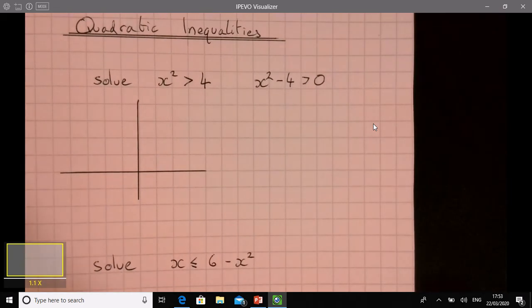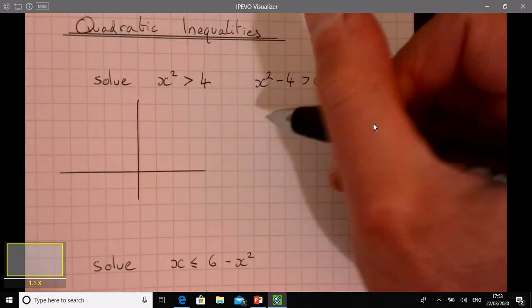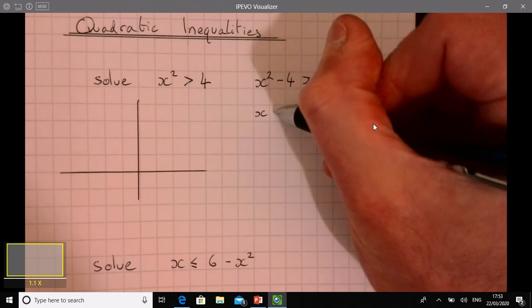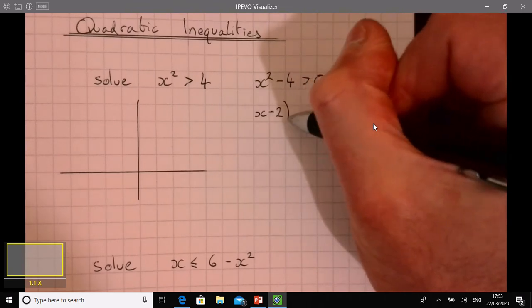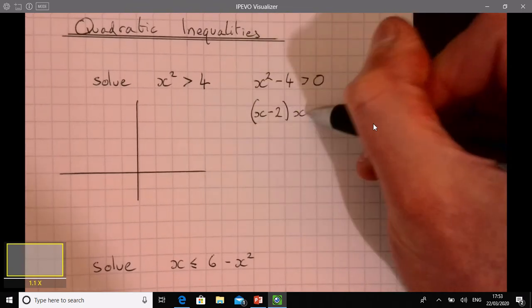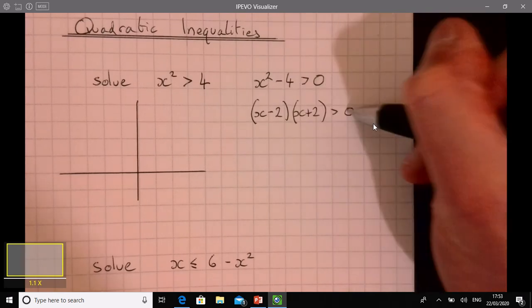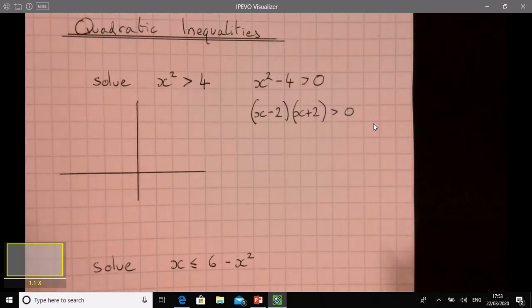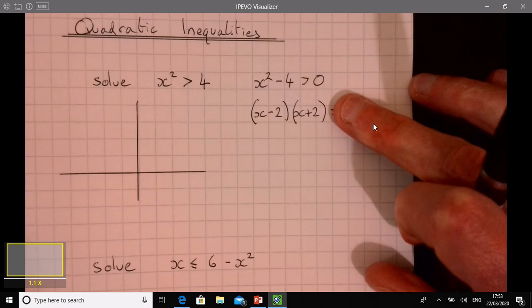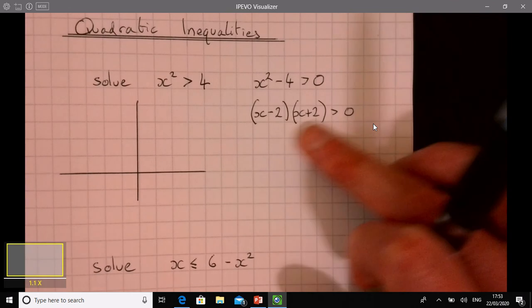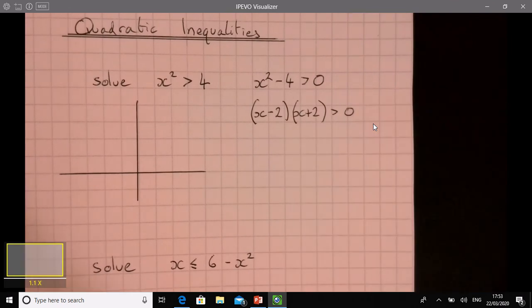Okay, so difference of 2 squares here. So x minus 2, x plus 2 more than 0. Now, if I were just to ignore that more than 0 for a second, let's just plot that. What would it look like?